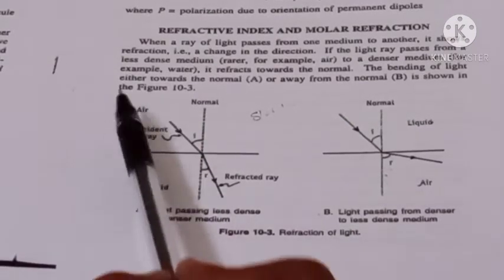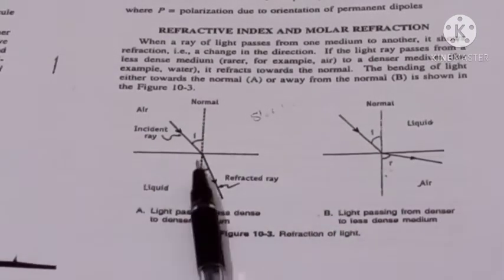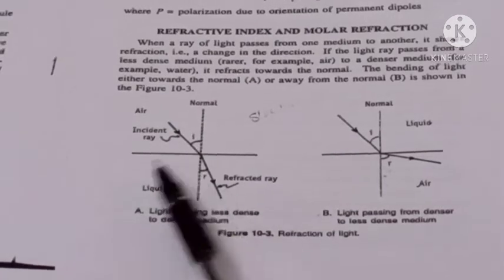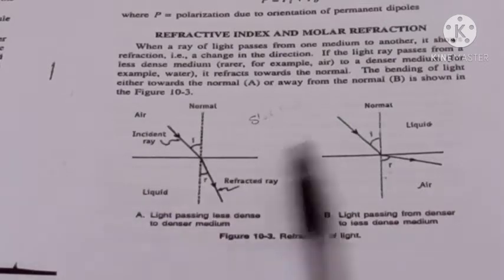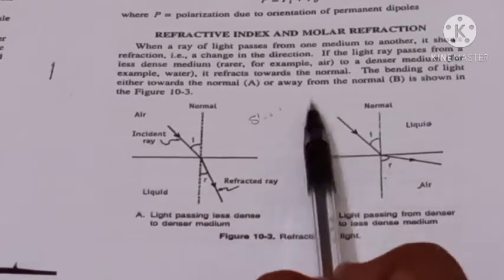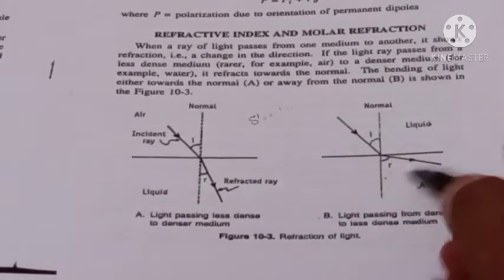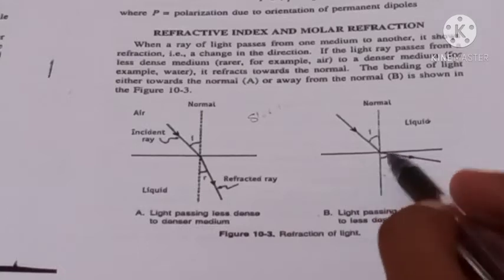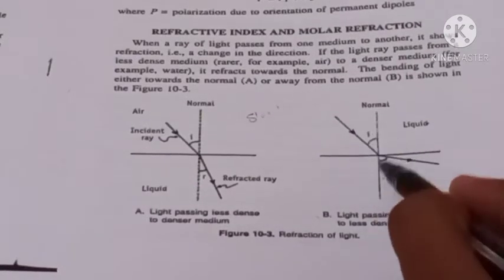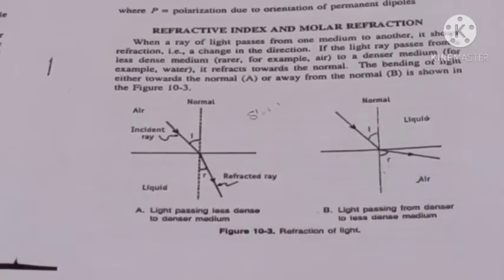When a light ray travels from air to liquid, there will be refraction of light towards the normal. And when light ray travels from liquid to air, that means denser to rarer, there will be a movement away from the normal. This change in direction gives the angle of incidence I and the angle of refraction R.